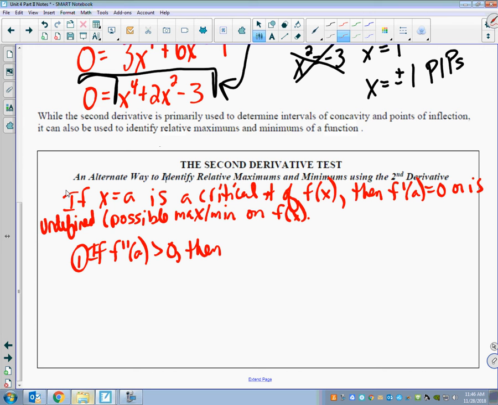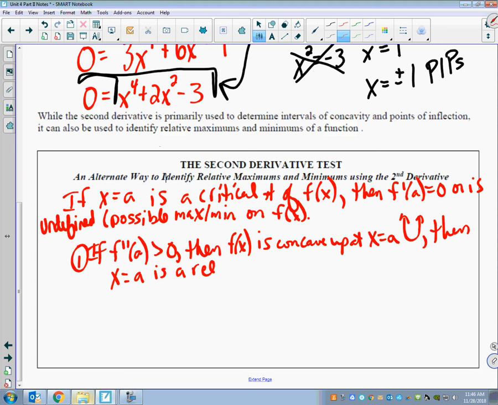Well, when the second derivative is greater than 0, that means that f of x is concave up at x equals a. And if your graph is concave up and is a possible max or min, what is that? Well, then that means then x equals a is a relative minimum on f of x.